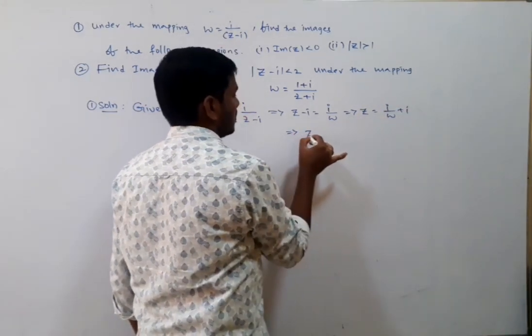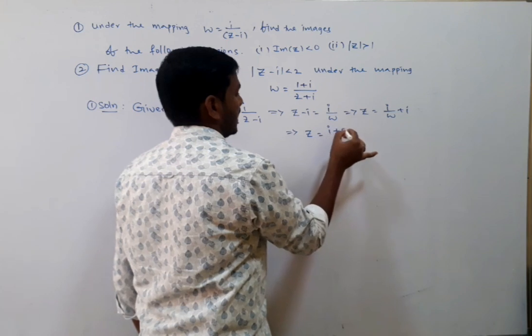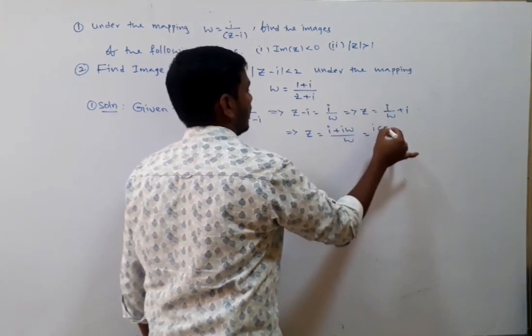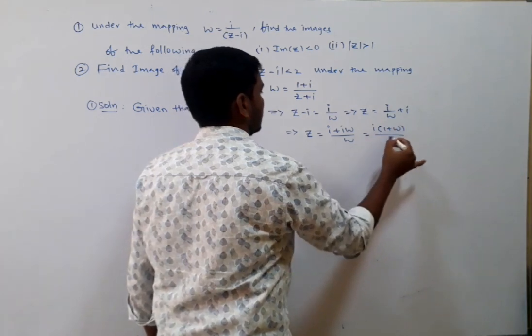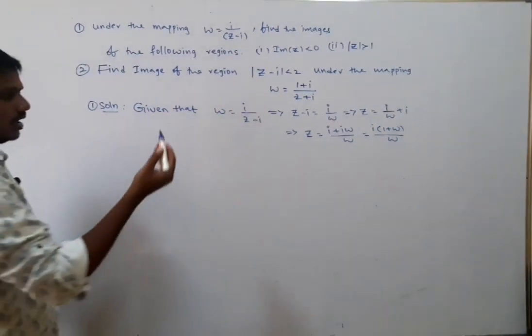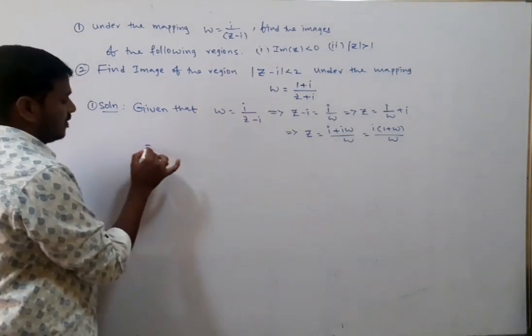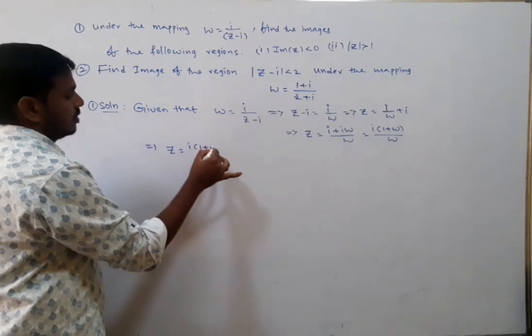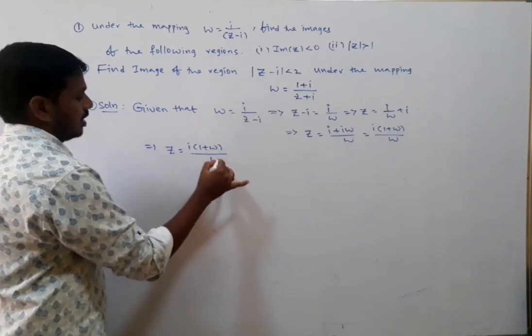That implies Z is equal to i plus iW divided by W, which is i of 1 plus W divided by W. That means we wrote the given transformation in terms of Z: Z is equal to i into 1 plus W divided by W.